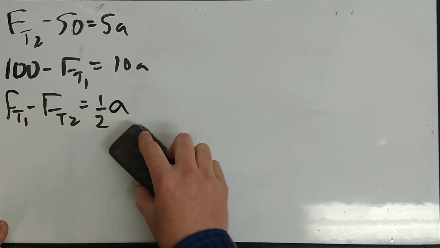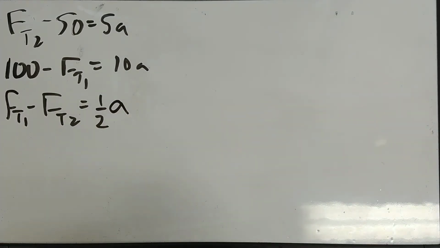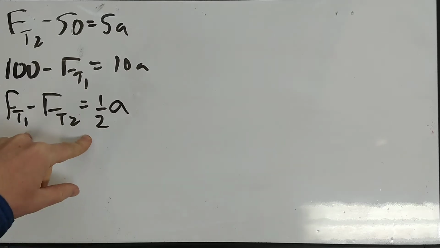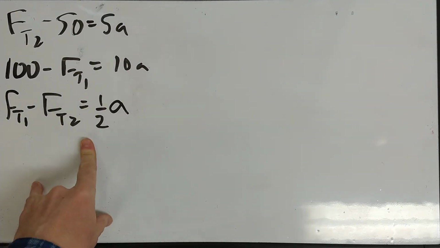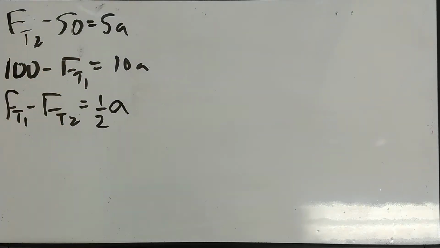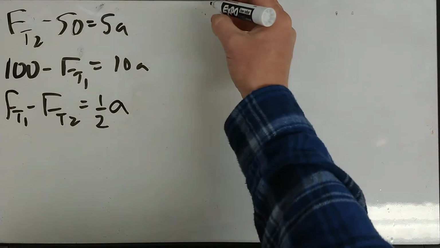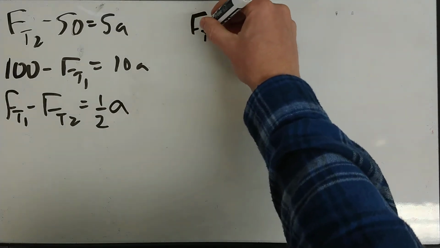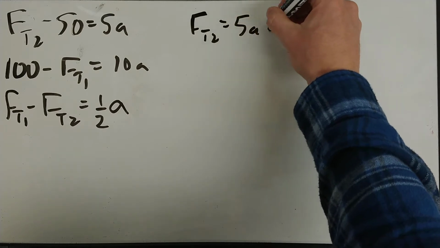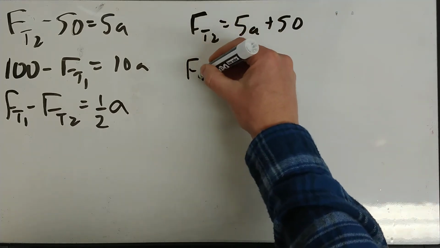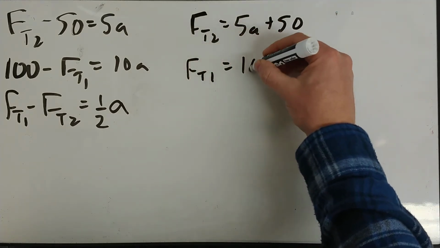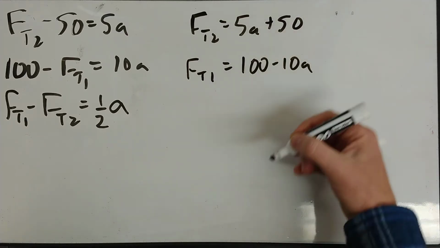Here we go. Let's figure out what we want to do. We want to figure out the acceleration and then figure out the tensions. So I think what I'm going to do is solve each of these for ft1 and ft2, then plug it into here. So ft2 equals 5a plus 50, ft1 equals 100 minus 10a.